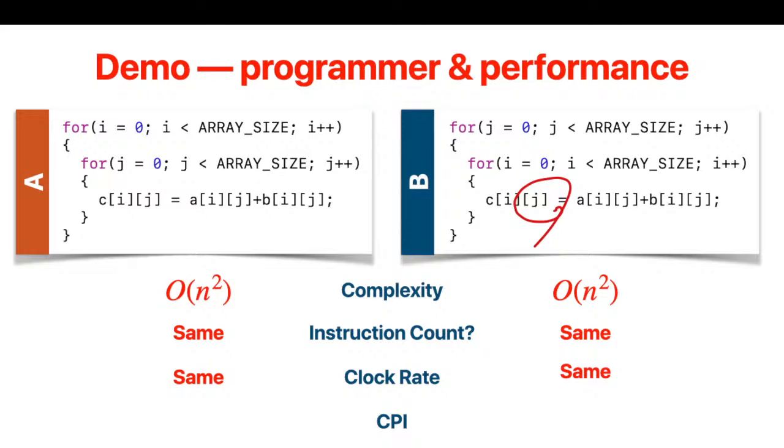So if you can traverse your data in that way, it's going to be more cache friendly, right? Even though both algorithms have the same complexity, you have to make your algorithm implementation more cache friendly.